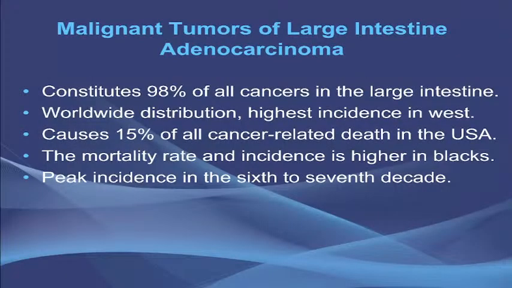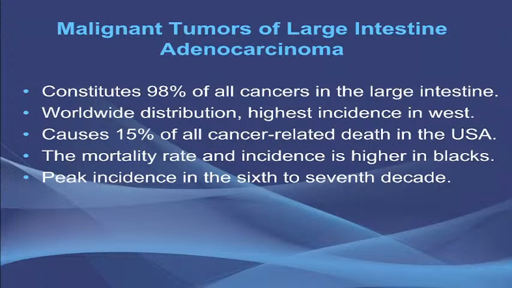So, malignant tumors of the large intestine. Let's look now at overt malignancies. The adenocarcinomas, I think we've already mentioned this in my introductory remarks, that adenocarcinomas, or malignant glandular tumors, constitute 98% of all cancers of the large intestine.